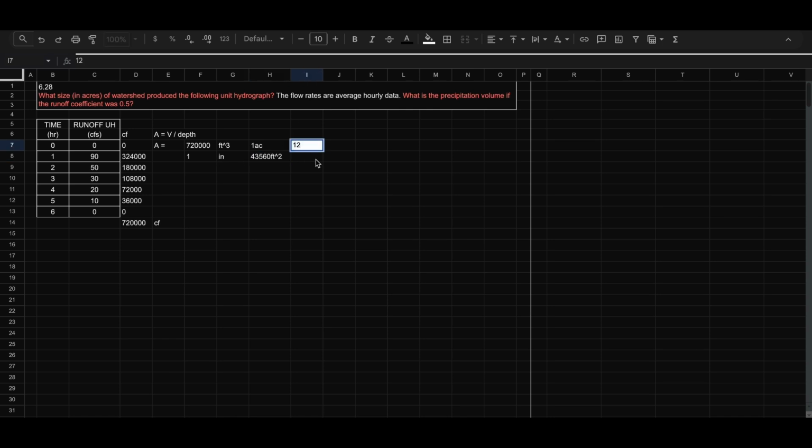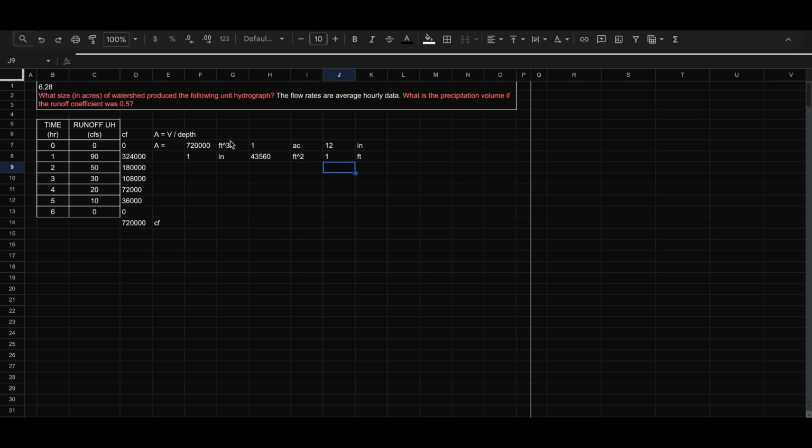So in 12 inches, I'm not doing this right. This is 1 acre, this is square feet. And then to get rid of the inches, we have 12 inches and 1 foot. So we have cubic feet at the top, square feet and feet.